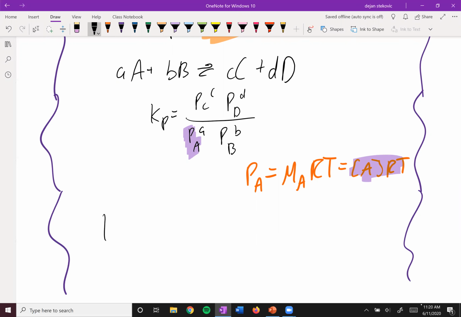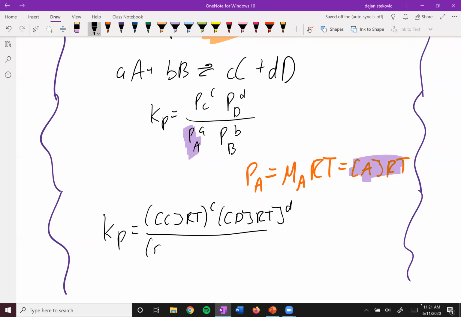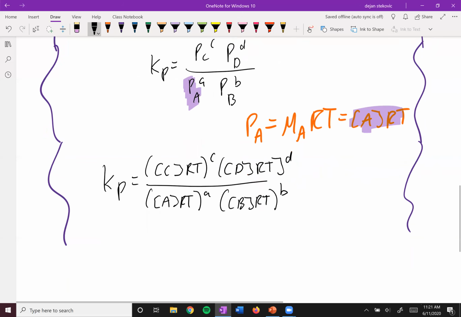And so then what we end up getting is Kp is equal to the concentration of C times RT to the power of c, concentration of D times RT to the power of d, over the concentration of A times RT to the power of a, and the concentration of B times RT to the power of b.